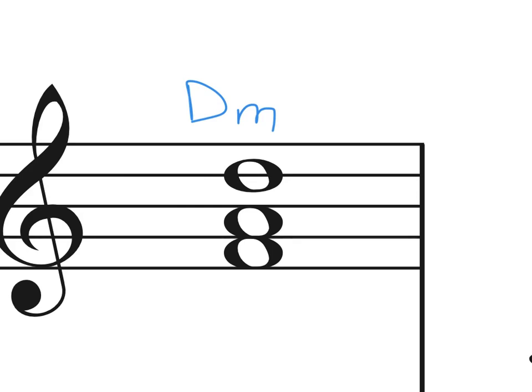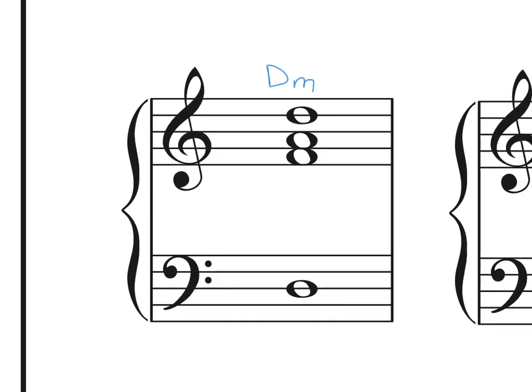But in fact, we have a left hand which is also playing the root of the chord, so this is just a D minor chord. You do not need to put a slash with another note. If this lower note had been an F or an A, one of the other notes of the chord, then you would of course do slash F or A or whatever else.